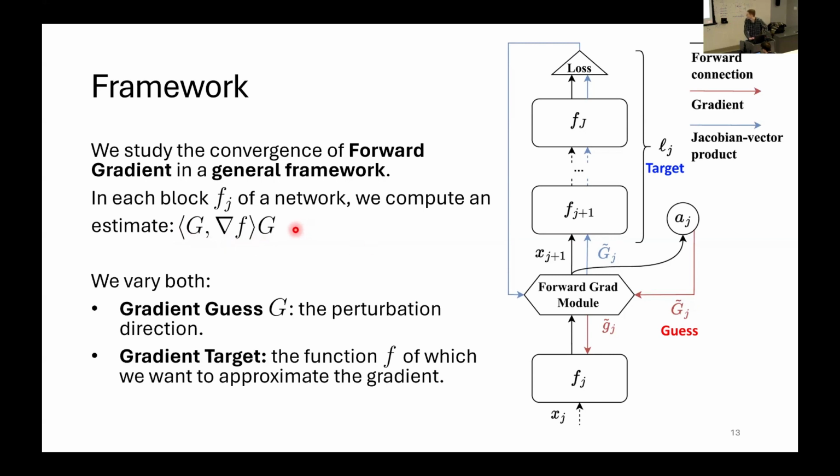Here, rather than using a random direction G, we want to use a biased estimate that is somewhat aligned with the gradient of f. G here will be the gradient coming from this local loss. This is what we call local guesses: the gradient coming from a small auxiliary local loss. Is that okay?